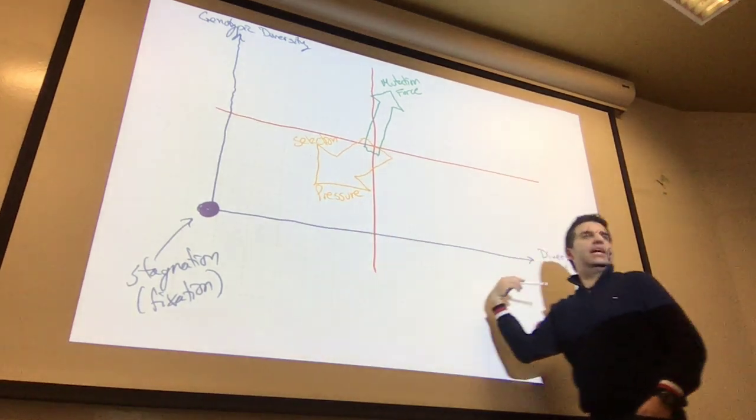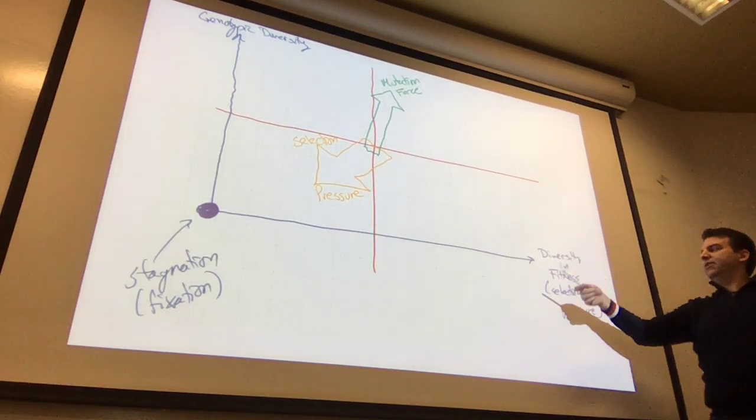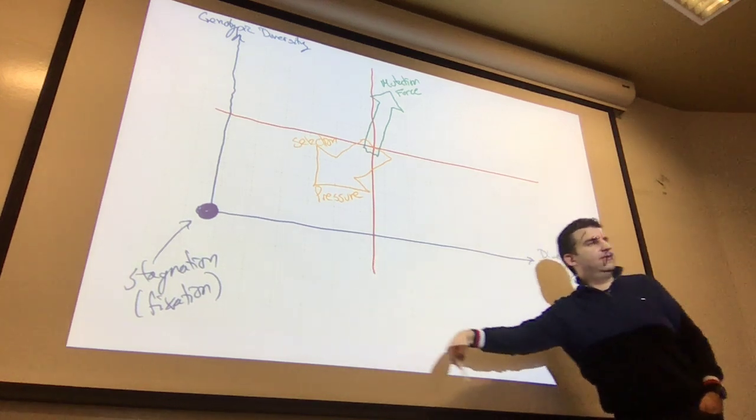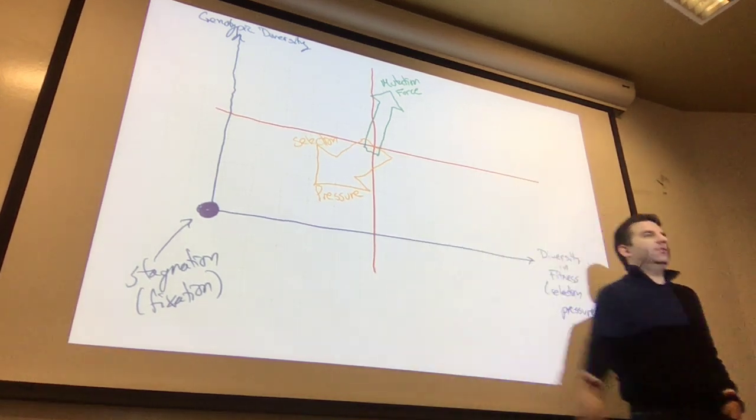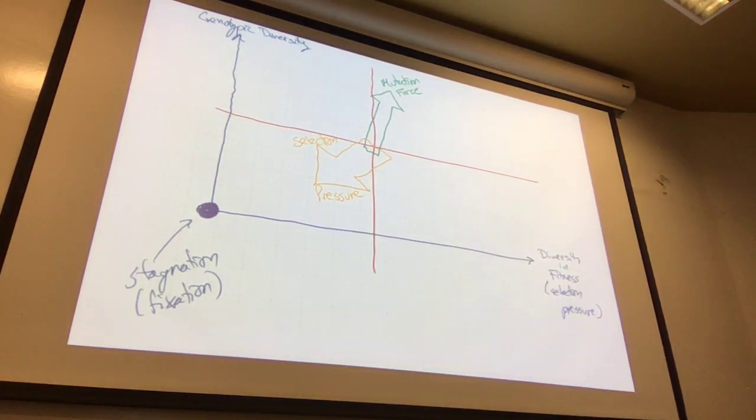So with more selection pressure, you're going to get a greater tendency to reduce your fitness diversity and reduce your genotypic diversity.